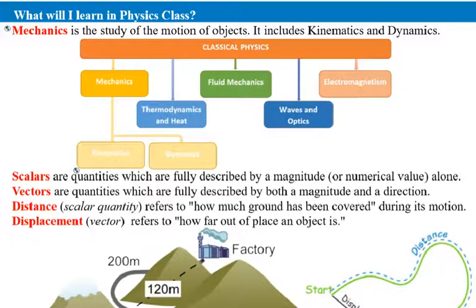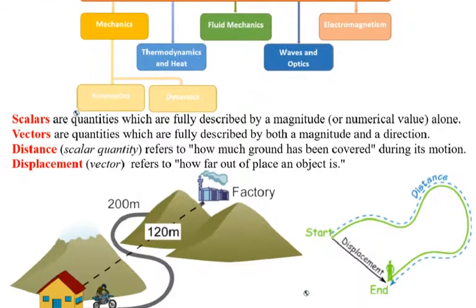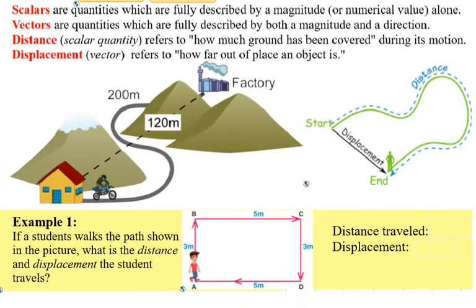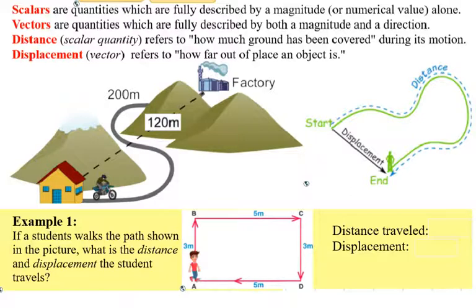And you need to know two quantities that we're going to be looking at: scalar and vectors. Vectors are different from scalars. So if I tell you outside is 72 degrees Fahrenheit, you will not ask me whether it's left, right, or up and down, because you just know it's 72 degrees.